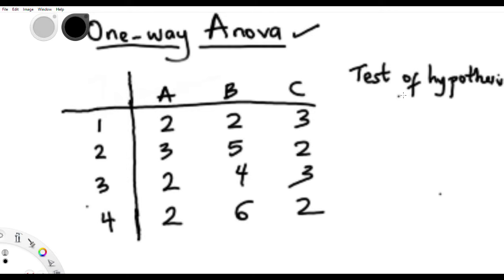So it's a test of hypothesis, and let me give a practical example. Let's take, for example, this A, B, and C. They are called treatments. Let's assume some plants were subjected to this.